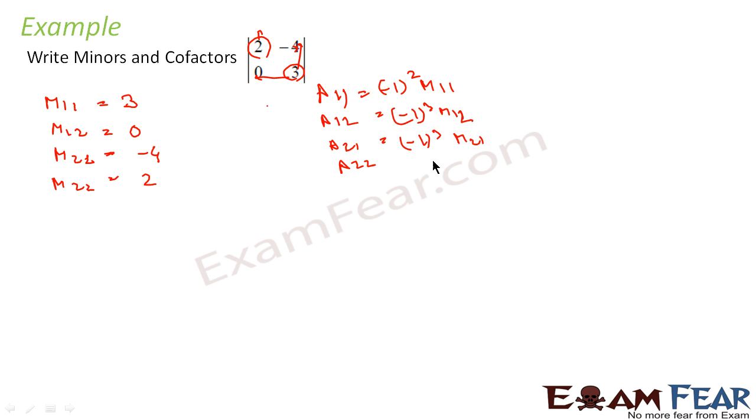And A22 is (-1) to the power 2 plus 2, which is 4, into M22. So the first is (-1) squared, which is 1, into M11, that is 3. The second is minus 1 into M12, that is 0. The third is minus 1 into M21, that is minus into minus 4, which is plus 4. And the last is 1 into M22, that is 2. So that is my answer.